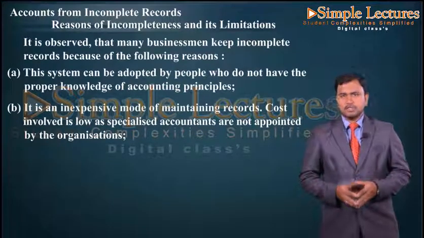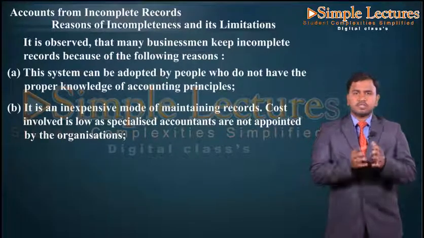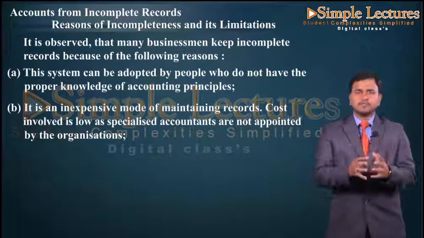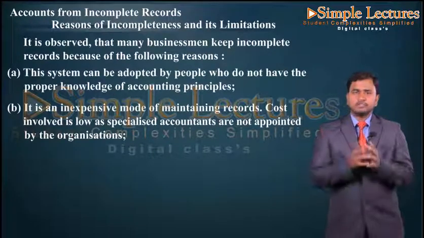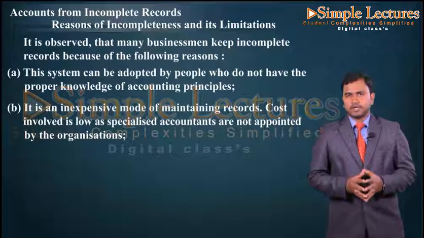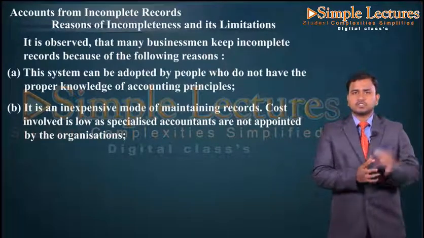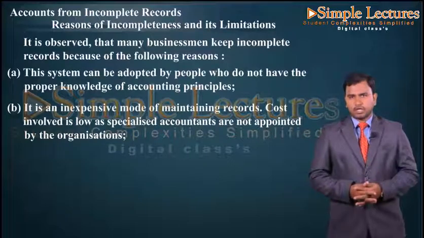So it means that incomplete records are maintained by the owner himself. If the vendor is maintaining accounts, he himself is preparing the accounts, but he is not going to appoint any accountant, so the cost is very low here. Because of the cost, the vendors were maintaining their own accounts.